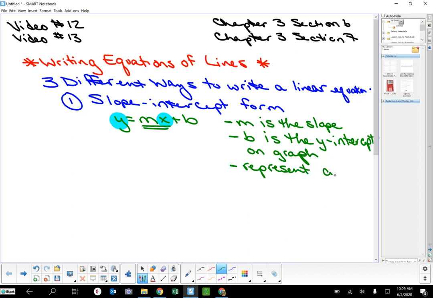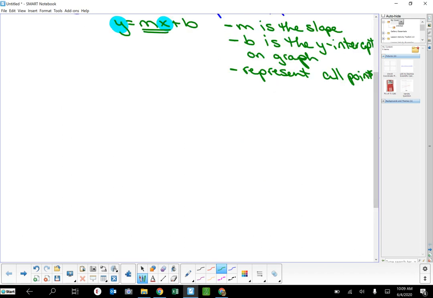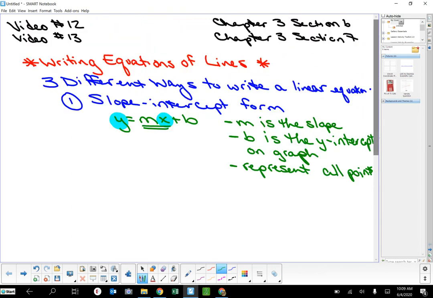They represent all points, ordered pairs, all points on that line, as an ordered pair, x, y. So they don't change because the point changes as you move up and down the line. Hence the word variable. It is variable.